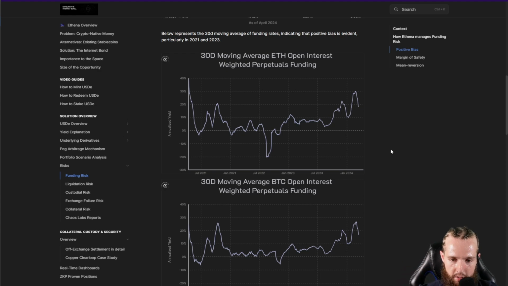Now, if the price of ETH were to go up, they wouldn't realize any profit or loss. Their short position would be at a loss, while their collateral position, the stETH that they hold, is at a profit. Essentially, they're operating at delta zero.